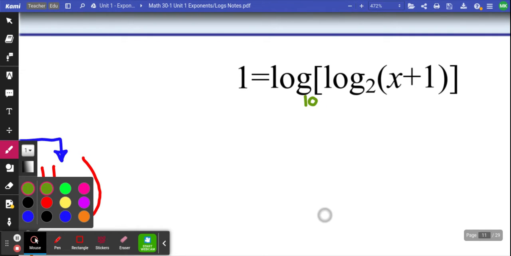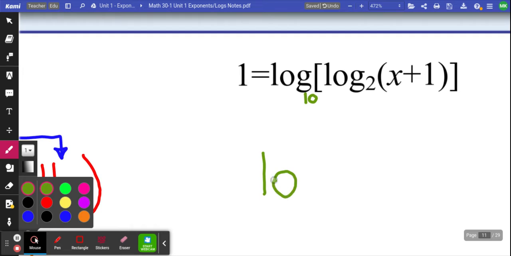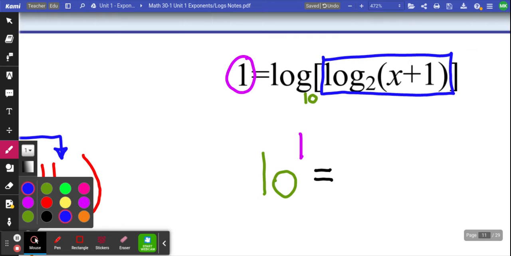That means my power will be base 10, to the power of 1 equals our argument in here, which happens to be another log.